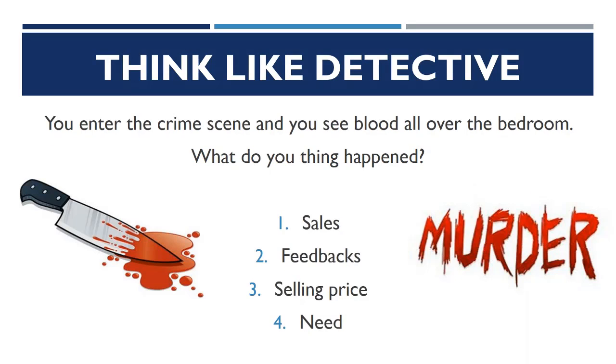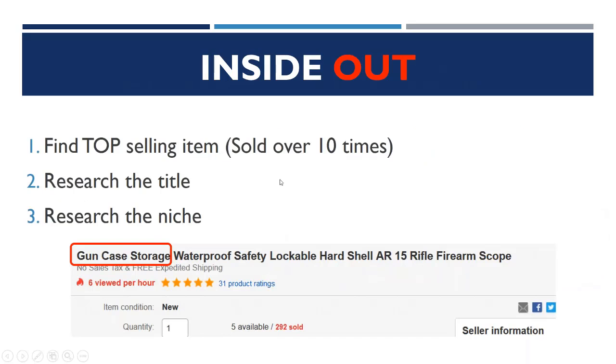After we understand that, we need to think like a detective. I'll give you an example for the inside out. We found a seller. We scanned the seller. We saw that this seller sold one item over 292 times. Now, top selling items can be a product that sold over 10 times.